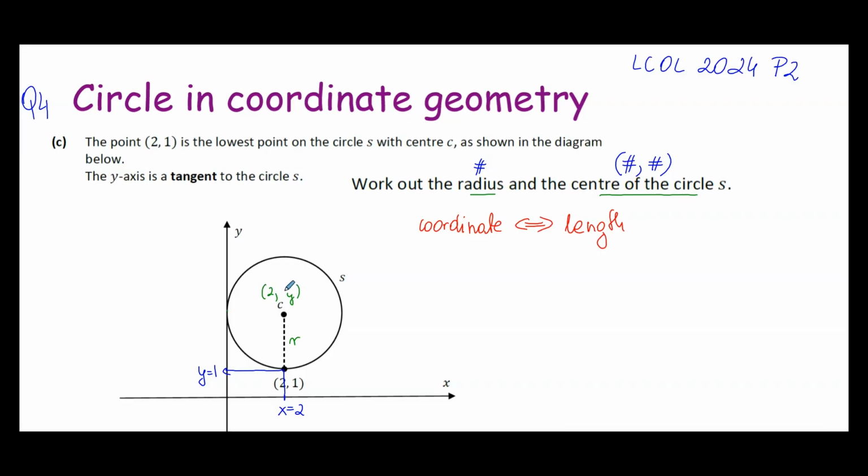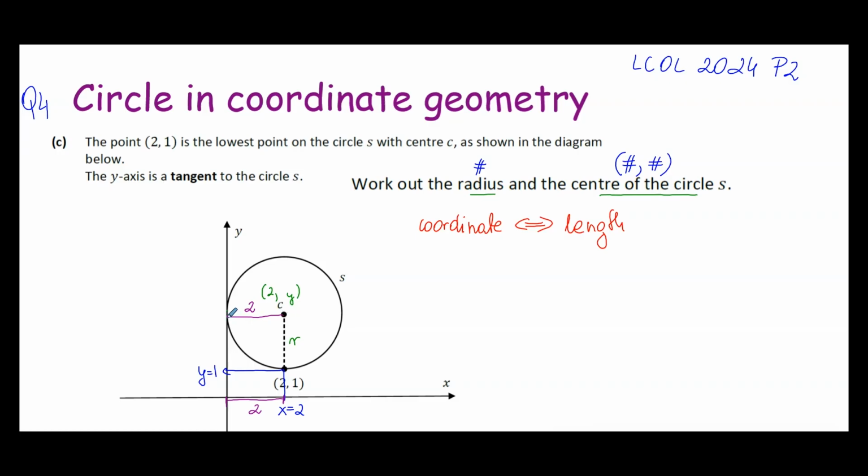Since that is 2, the length from 0 to this point, this length, is 2. And that means this length is exactly the same, so that length is 2.